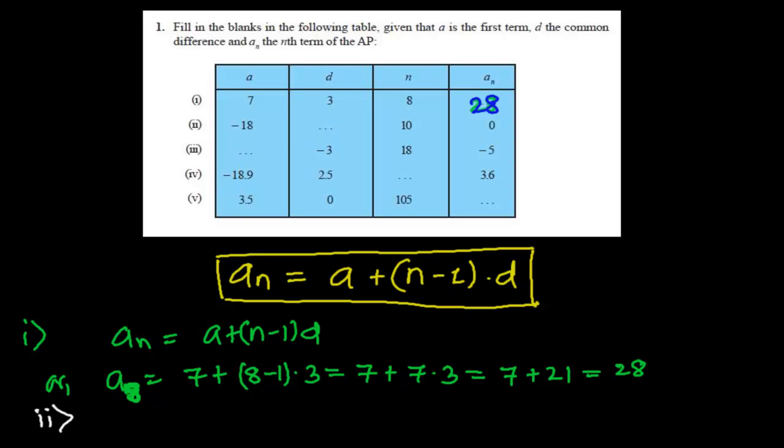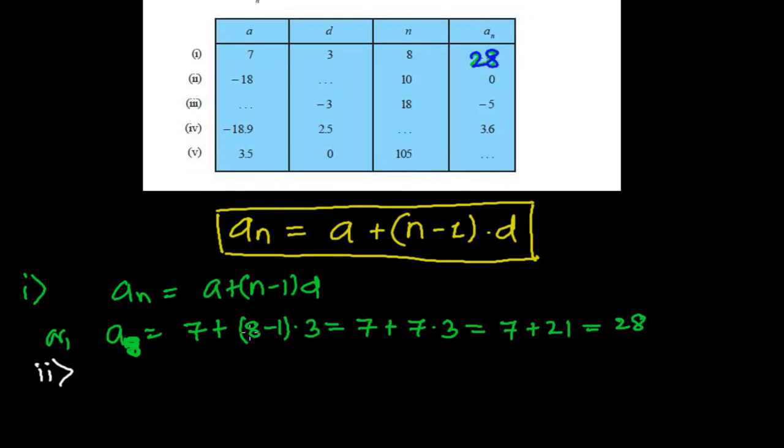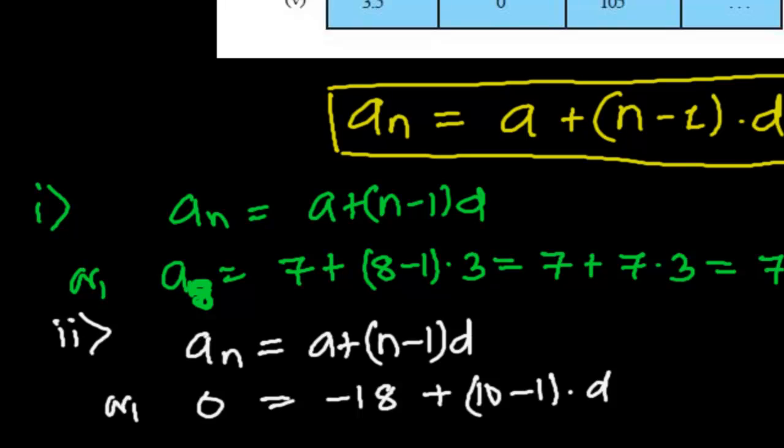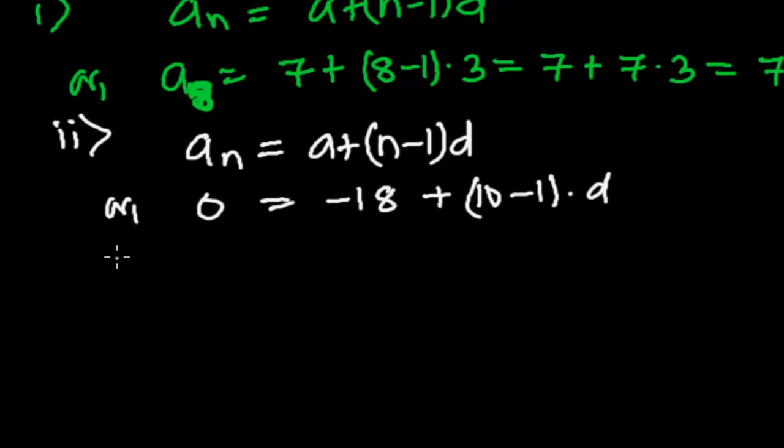Again, I'm just using the formula AN is equal to A plus n minus 1 times D. AN is 0, A is negative 18, plus n, that is 10, so 10 minus 1. We have to find the common difference. I don't know it, that's why I'm writing D.